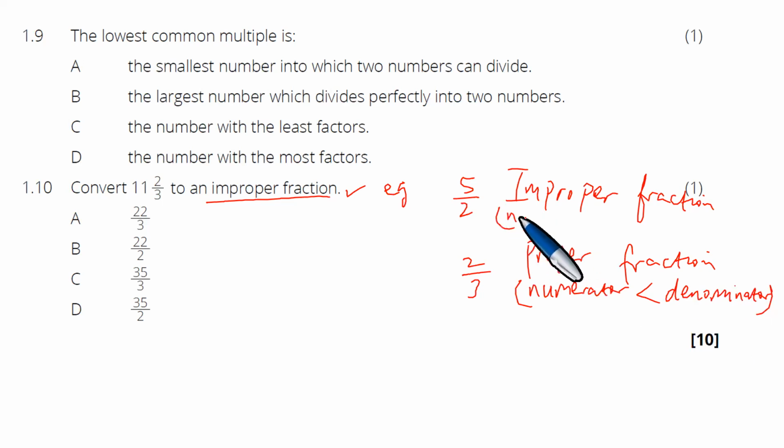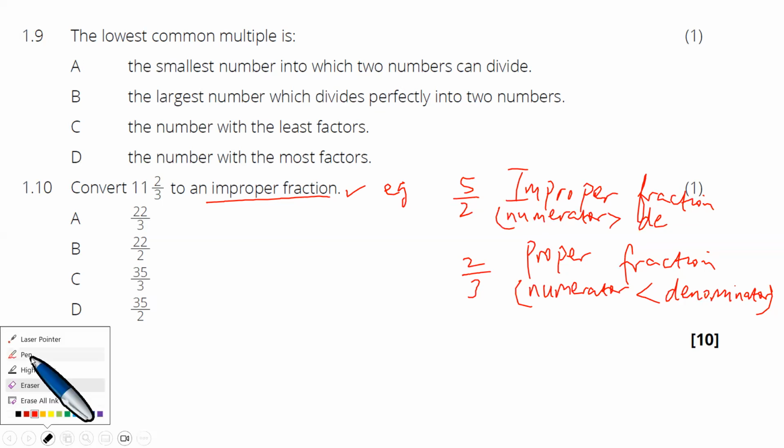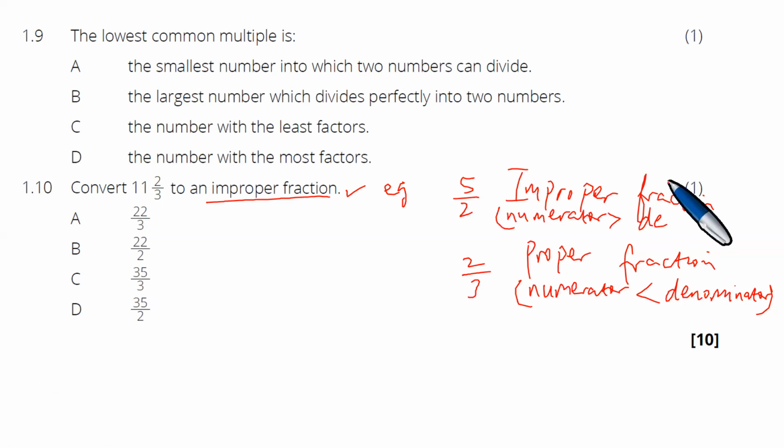In the improper case, the numerator is bigger than the denominator. So since the numerator is bigger than the denominator, it's called improper. So that is what this is. Just to convert this one.